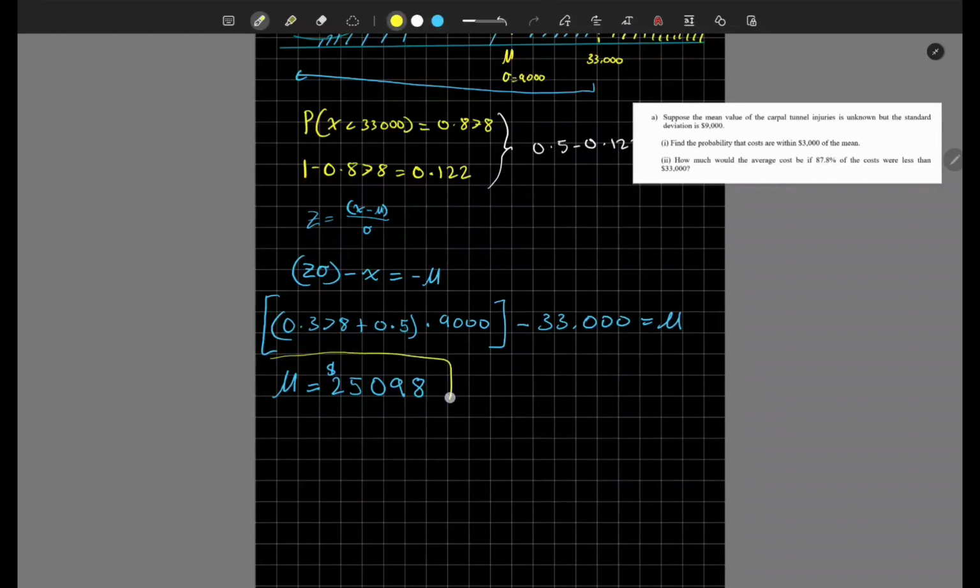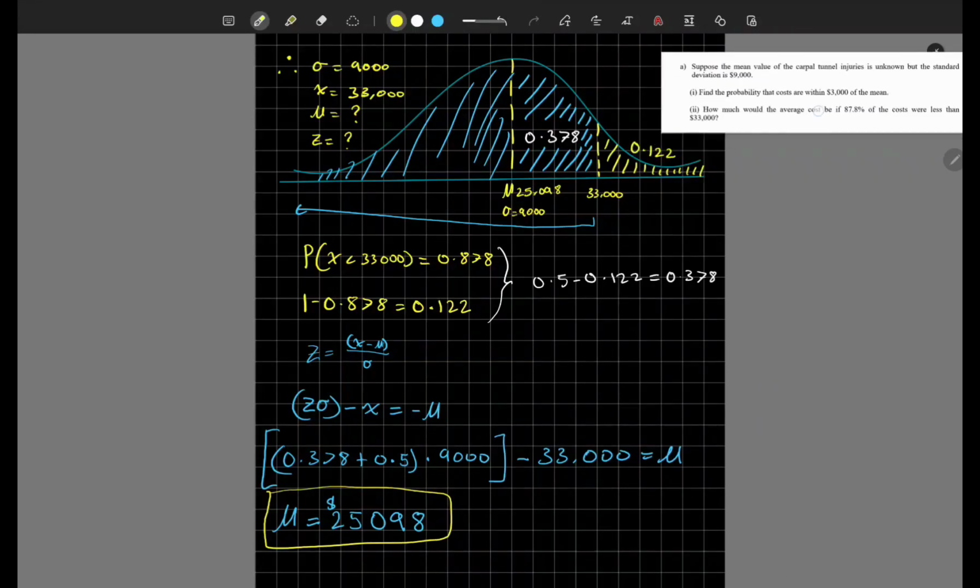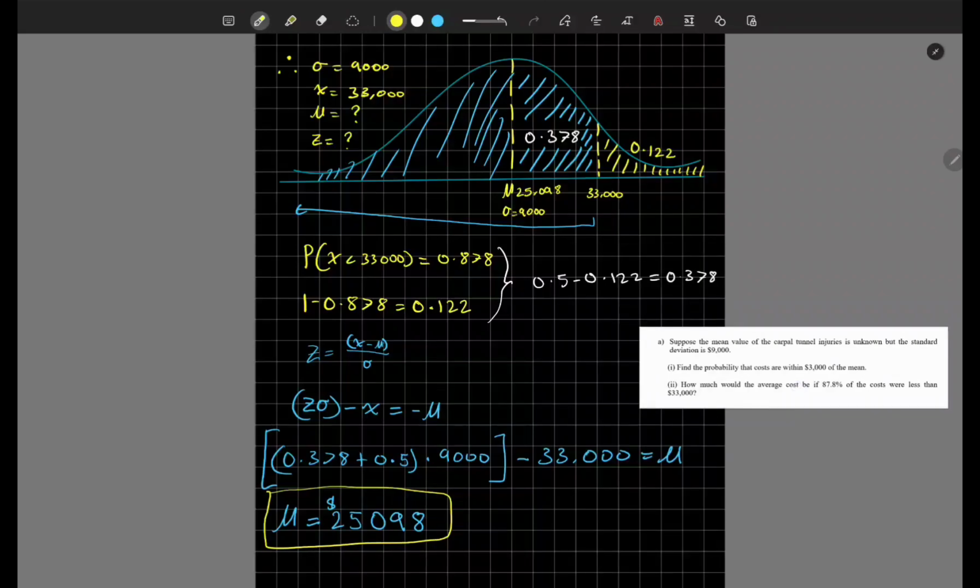That will be your average cost if 87.8% of the costs were less than $33,000. Hope that makes sense.